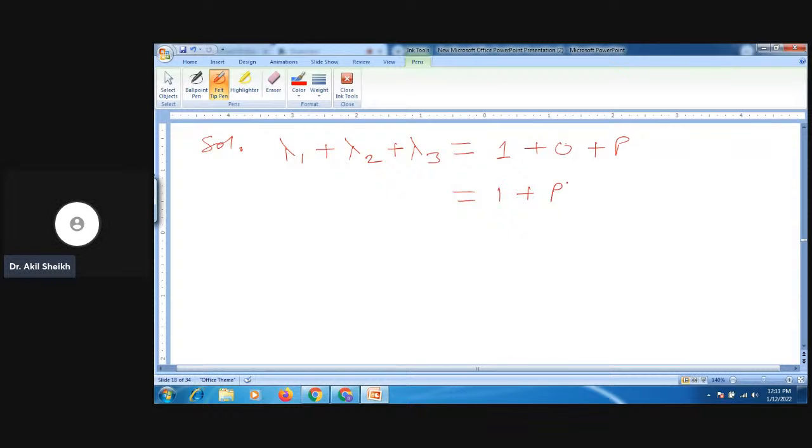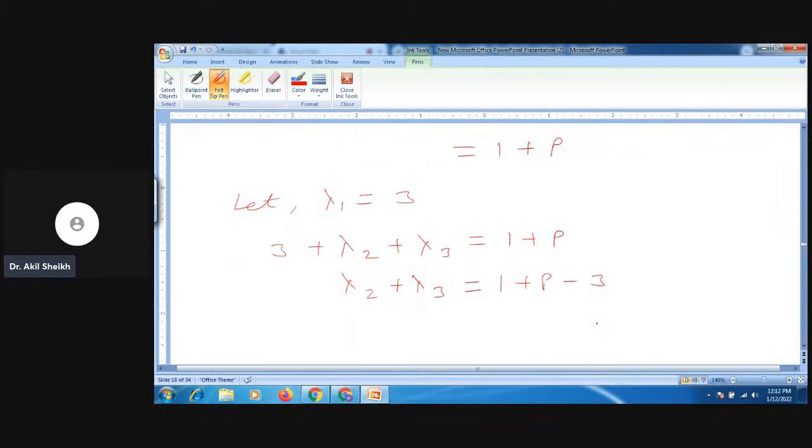Again, one of the eigenvalues is given as 3. So let us assume one eigenvalue is the given eigenvalue, which is 3. Putting the value, it becomes 3 plus lambda 2 plus lambda 3 equals 1 plus p. So lambda 2 plus lambda 3 equals 1 plus p minus 3.